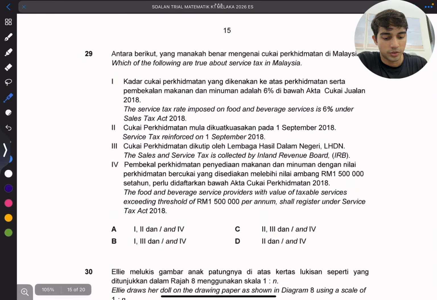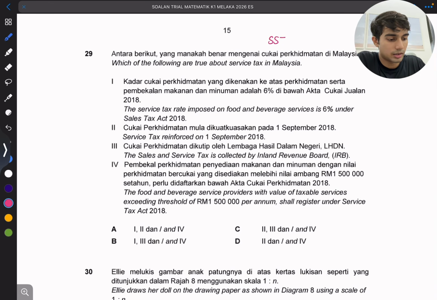29. Which of the following are true about service tax in Malaysia? Okay. So in Malaysia we have SST. SST is called sales and service tax. The service tax rate imposed on food and beverages services is 6% under the Sales Tax Act 2018.